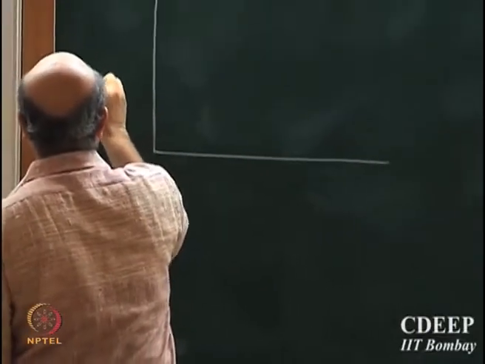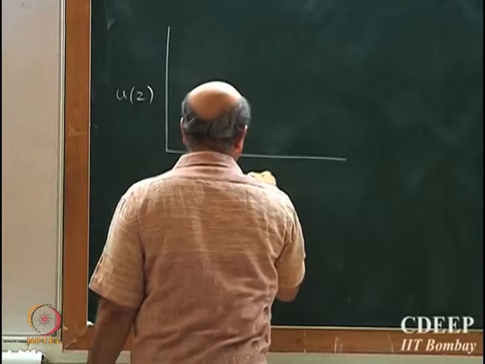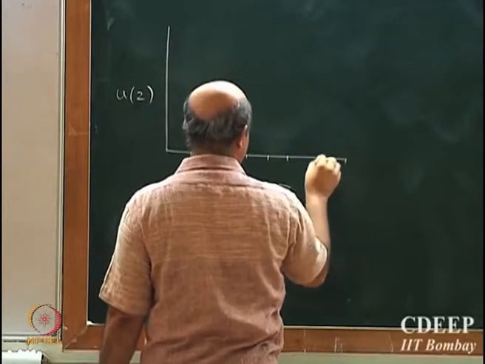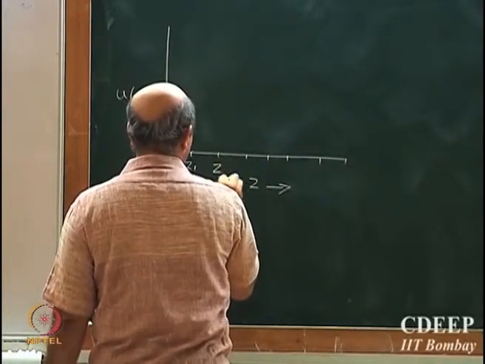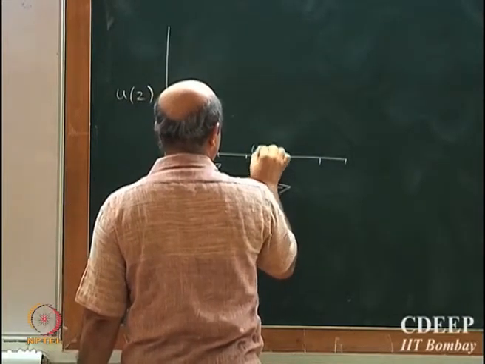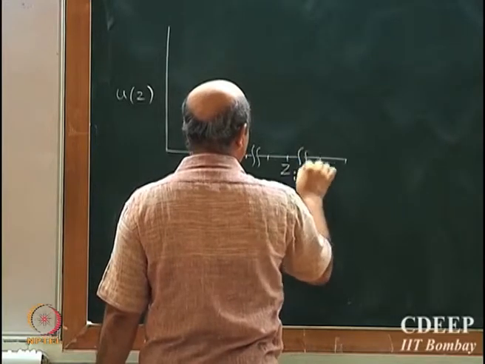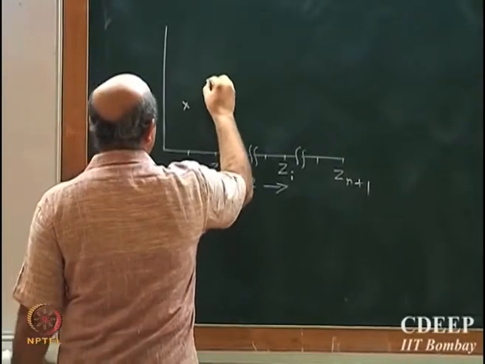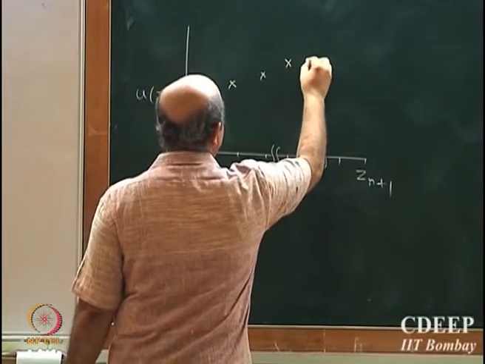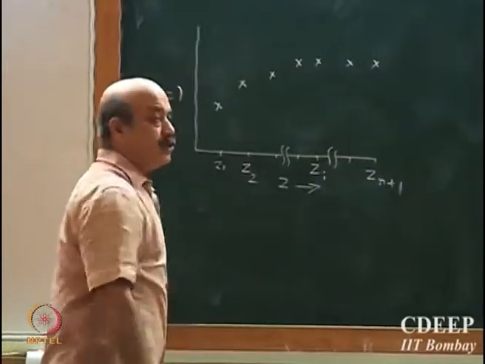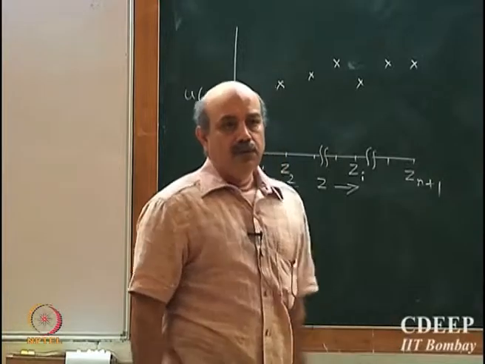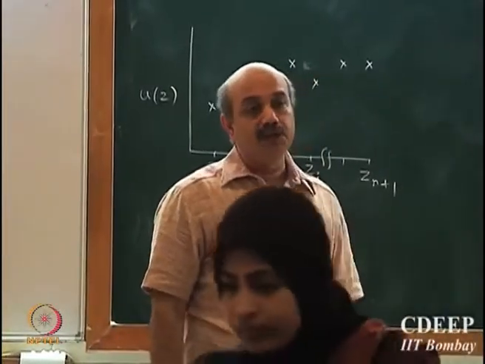We have this function u(z), and we know values of this function at different points, and then we wanted to fit a polynomial that passes through each of these points.